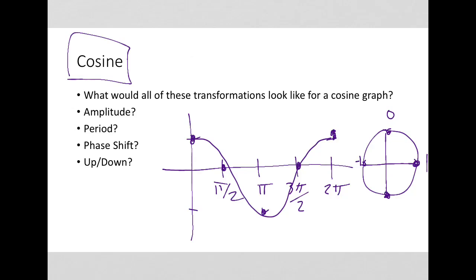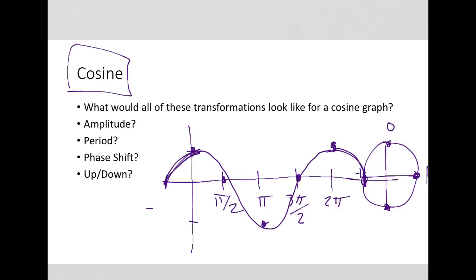And notice that I'm going to do something crazy here. I'm going to draw one more and continue this down like that. I'm going to continue it over this way, right there, to negative pi over 2.